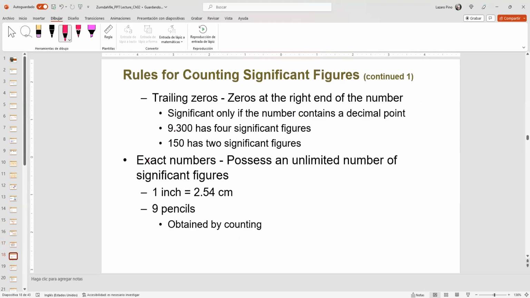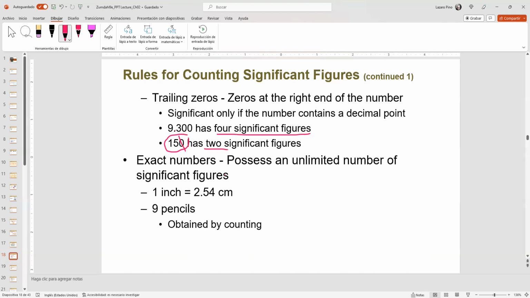In this case, that you have a dot, you say that these zeros are significant. So here you have 4 significant figures. But in this number, you don't have a dot. So you consider that the 0 is not significant, and this number has only 2 significant figures.